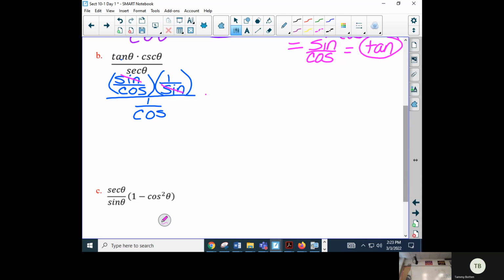And don't you have then 1 over cosine on top and 1 over cosine on the bottom? What do you think happens to both of those? They cross out, and so what would you be left with? 1. This is the same thing as if you had cosine divided by cosine. Do you get it would be 1? Anytime you have the same thing on top and bottom, they would just give you 1. Are you guys okay with that? Somebody said not really. Do you get how we got this?